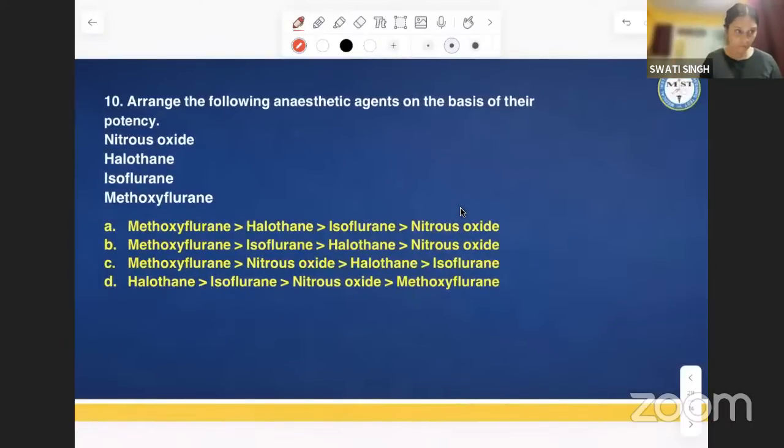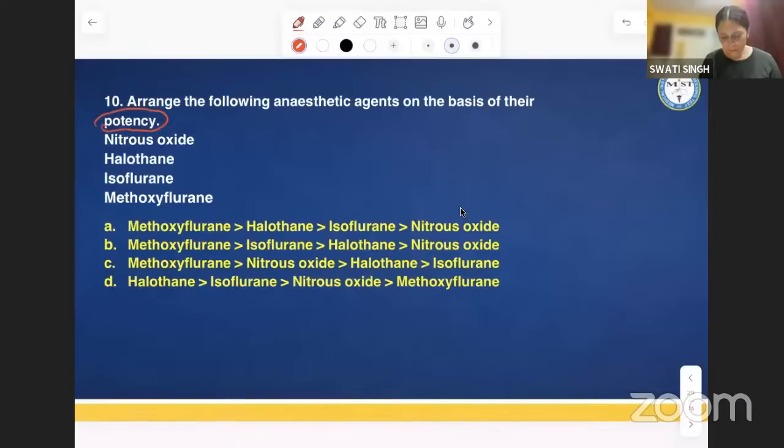Coming to the 10th question, again an expected question. Arrange the following anesthetics on the basis of their potency. How do we arrange the anesthetic agents on the basis of potency? By understanding their MAC.